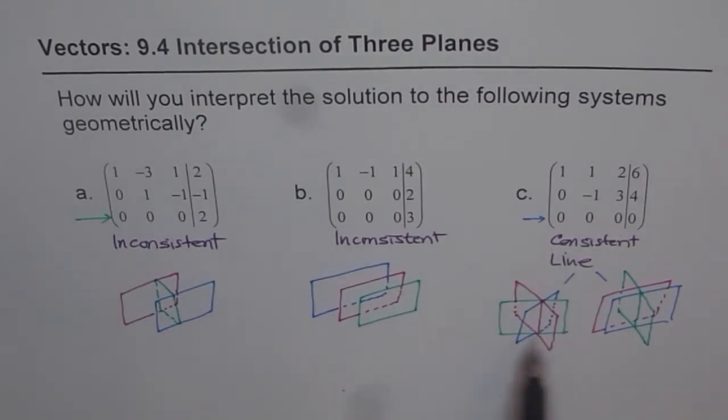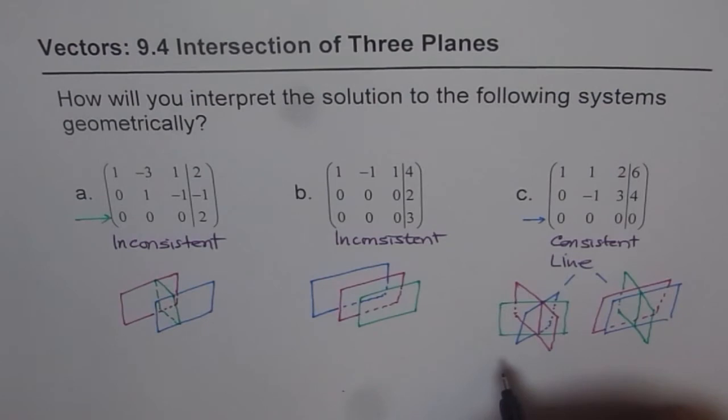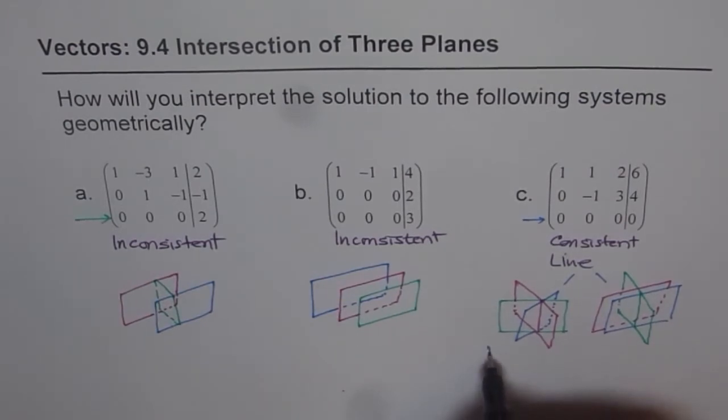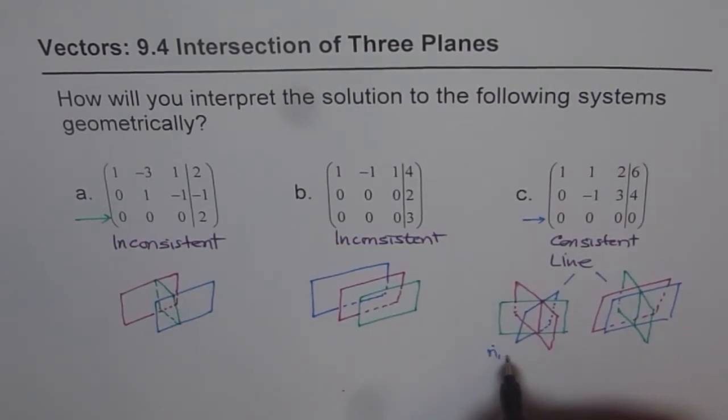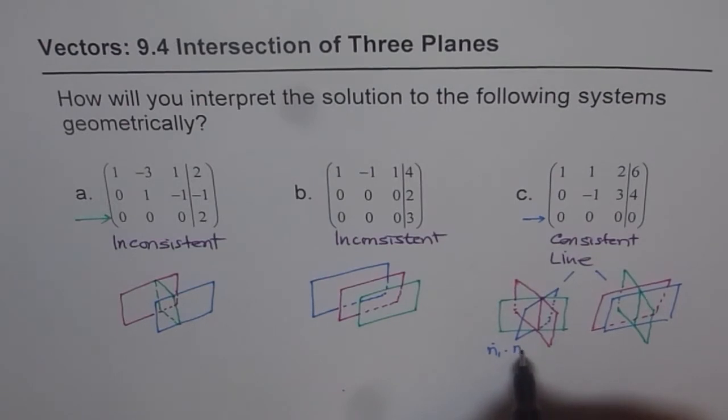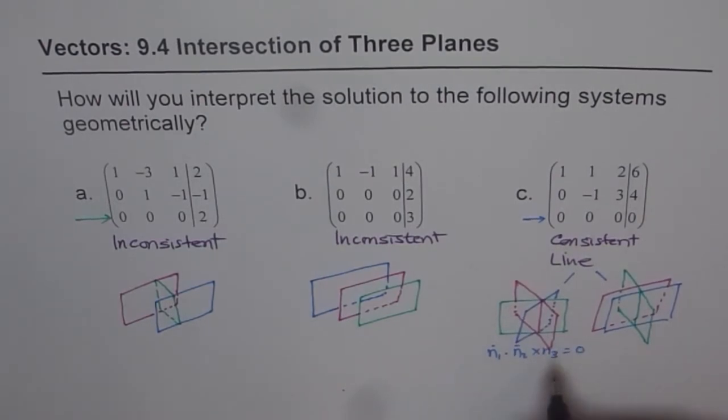So there are actually two possibilities, but once we know the normals, or rather the equations, then we can make out which one is the right solution. But in either case, in this particular case, what we will observe is that the scalar triple product n1 dot n2 cross n3 will be equal to 0, right?